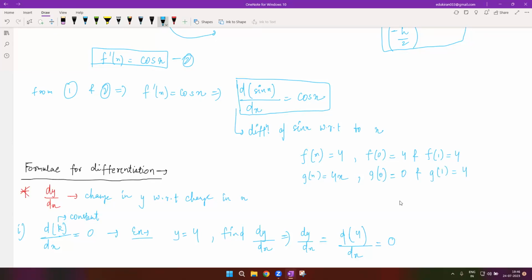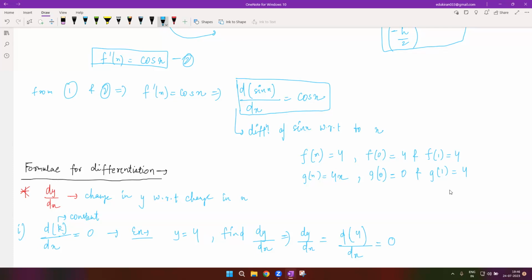4. Now you see, you have increased your input by 1. You have increased your input from 0 to 1, and your output has increased from 0 to 4.